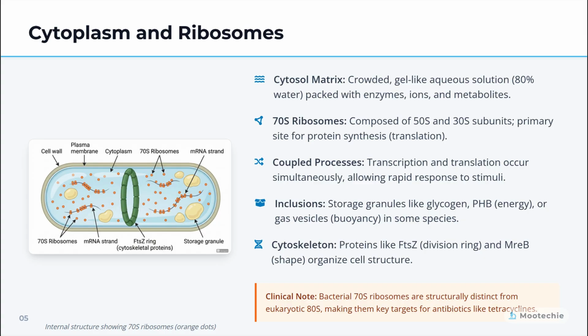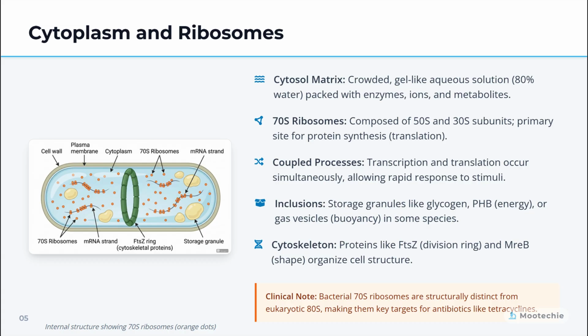These are composed of 50S and 30S subunits and are the primary site for protein synthesis or translation. They are smaller than the ribosomes in our own cells. Coupled processes. In prokaryotes, transcription and translation occur simultaneously, allowing for a rapid response to stimuli. There's no delay because there's no nucleus to separate these steps.